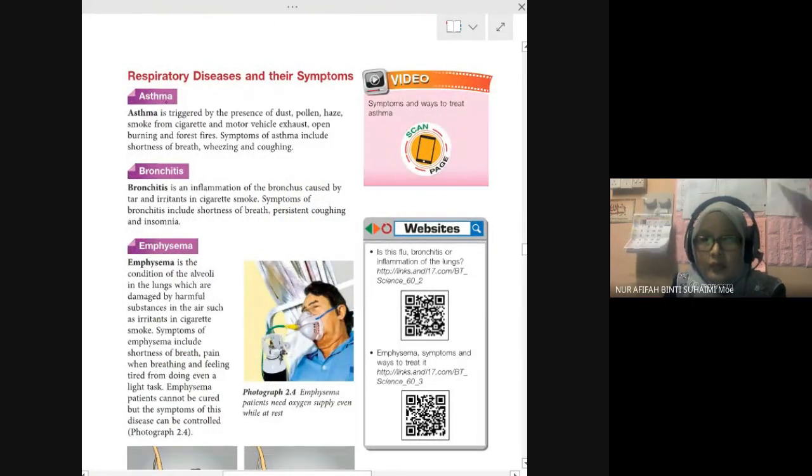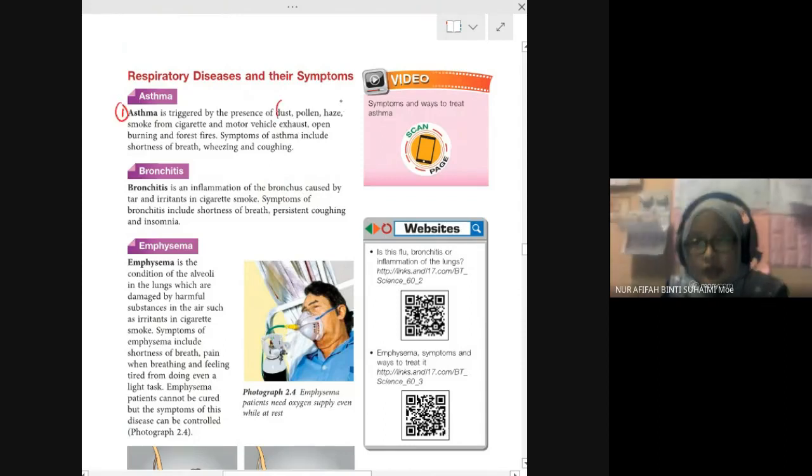Asthma is caused by dust, pollen, haze, or smoke from cigarettes and also exhaust of motor vehicles, open burning and forest fires. So any substance or air that you inhale that contains dust, harmful substances will cause asthma.